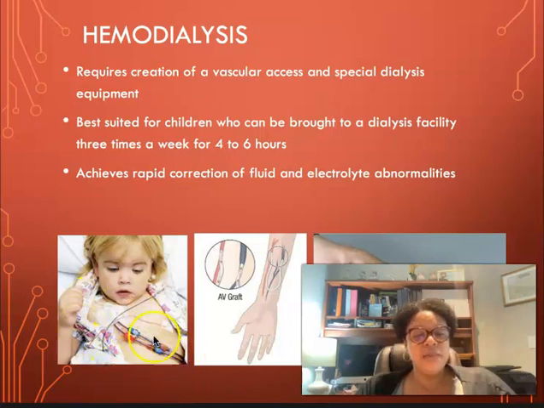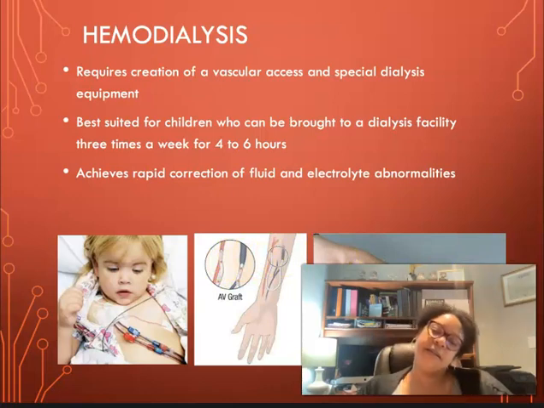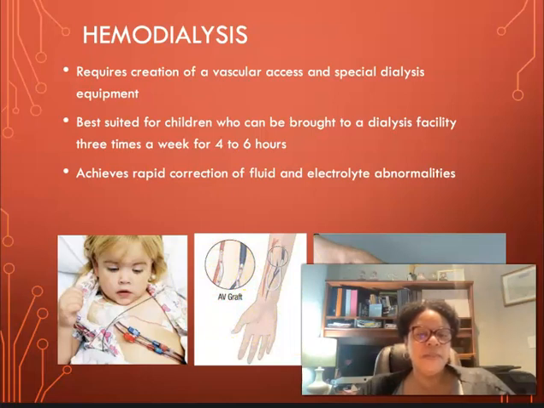So usually in hospitals, we will get a child, they'll go to surgery and they'll get that VAS cath put in. And then if they're going to have to get dialysis long term, they don't go with the VAS cath, they'll probably have an AV graft. You guys are probably familiar with both of them as well, because they do that also in adults.